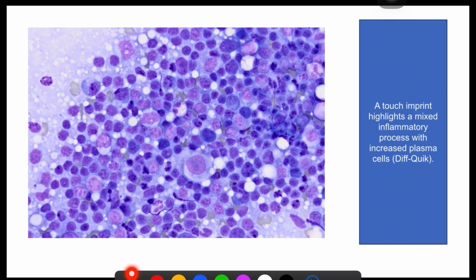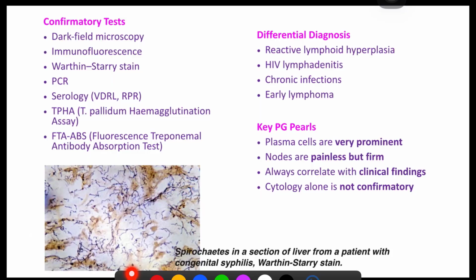Here, this touch imprint of a lymph node shows multiple plasma cells in the smear. So, here you can identify an increased amount of plasma cells. The confirmatory test is dark field microscopy, where the spirochete organism can be identified.